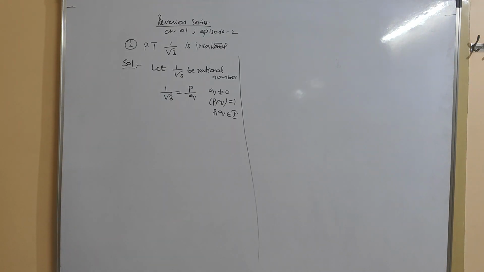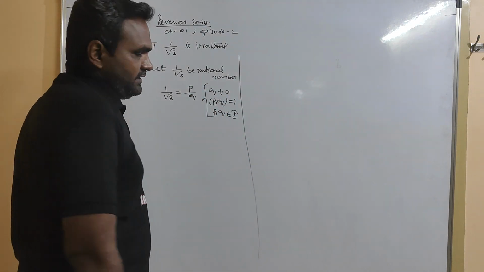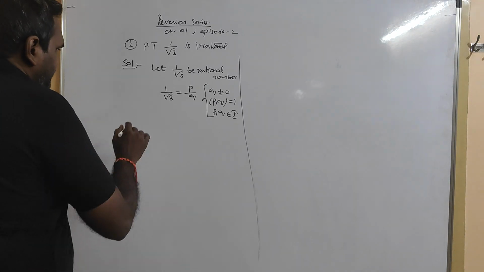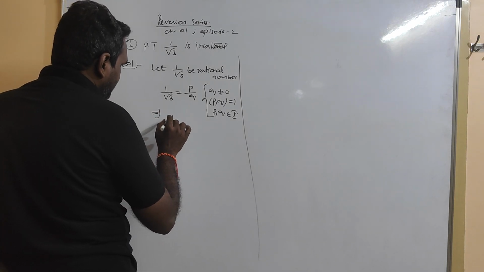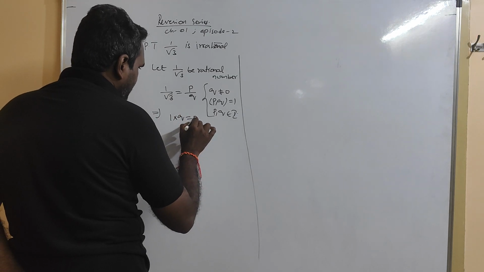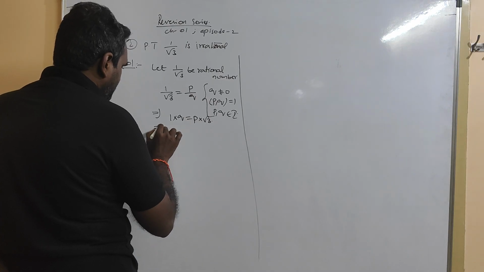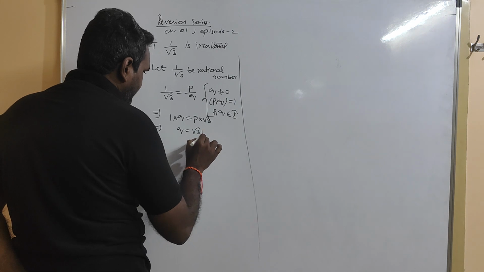These three conditions you have to clear in any irrational question. Next, cross multiplication: 1 into q is equal to p into root 3. This implies q is equal to root 3 p.